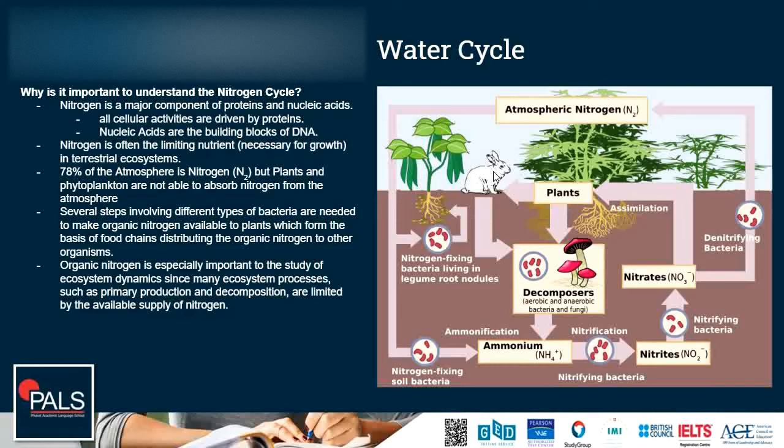Organic nitrogen is especially important in the study of ecosystem dynamics, since many ecosystem processes such as primary production and decomposition are limited by the available nitrogen supply.